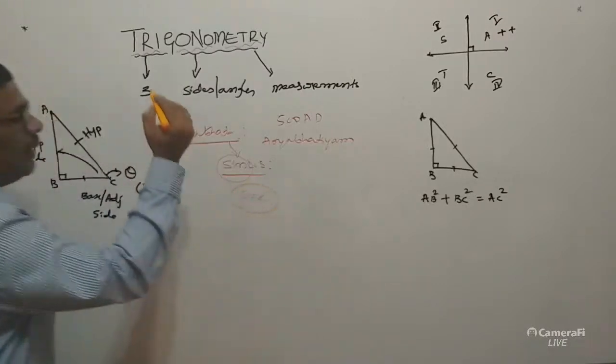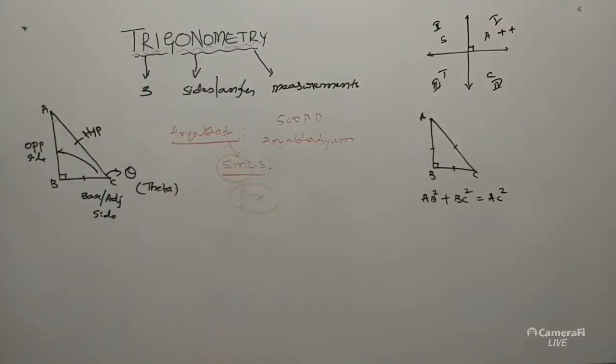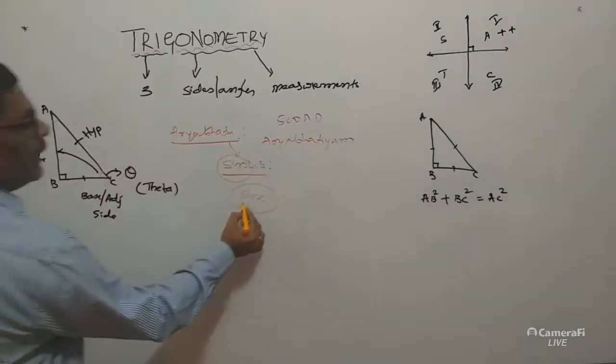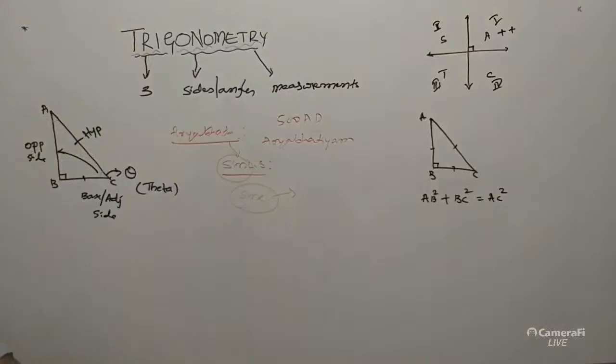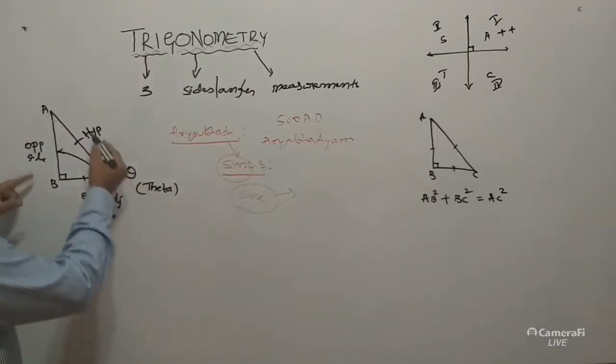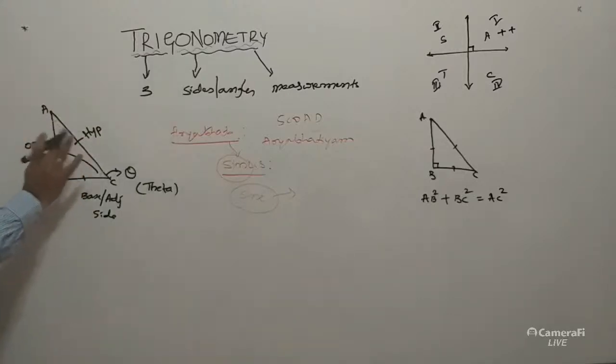One of the major parts of the right angle triangle property is the sine, the ratio. In the right angle triangle, you can write the possibilities of their ratios.